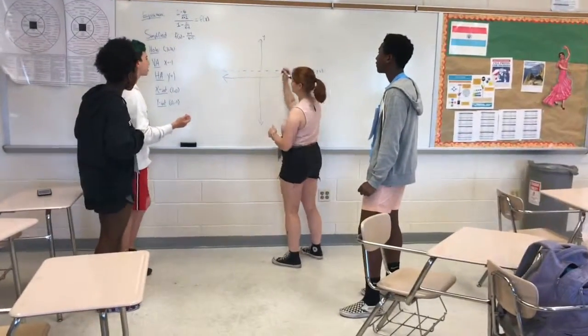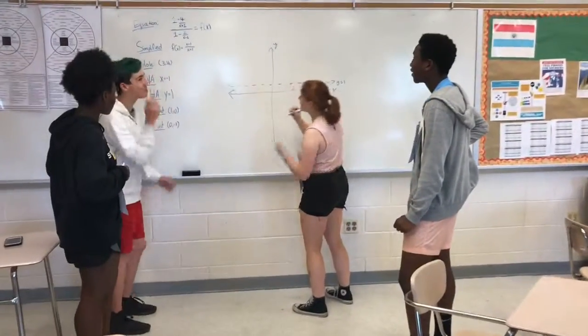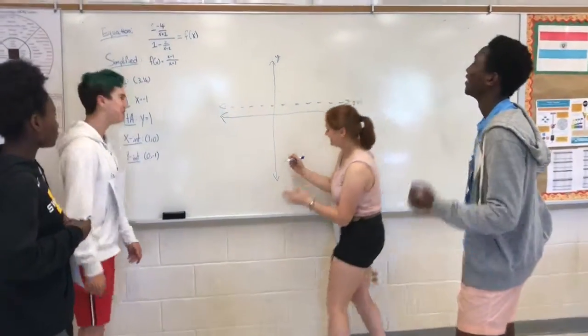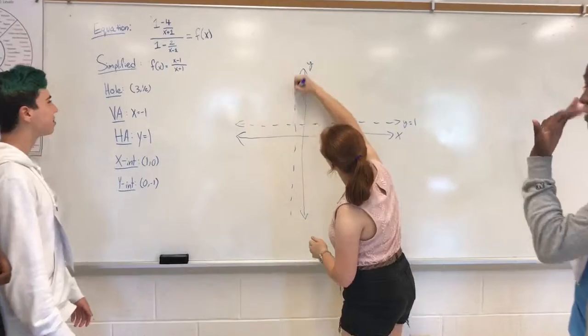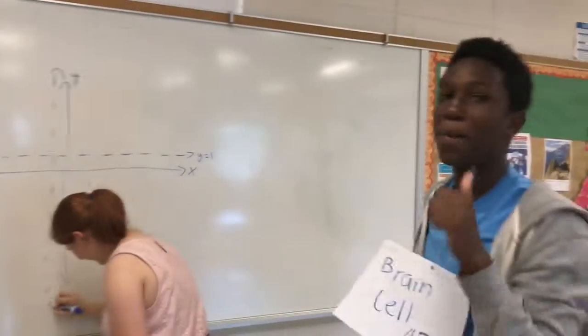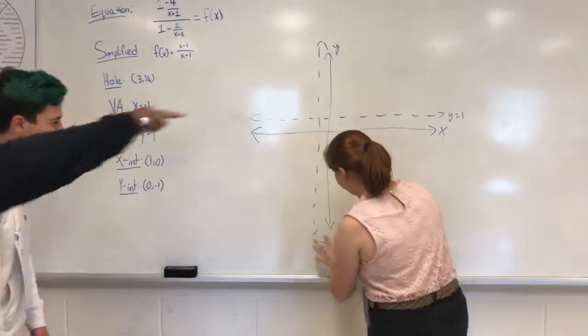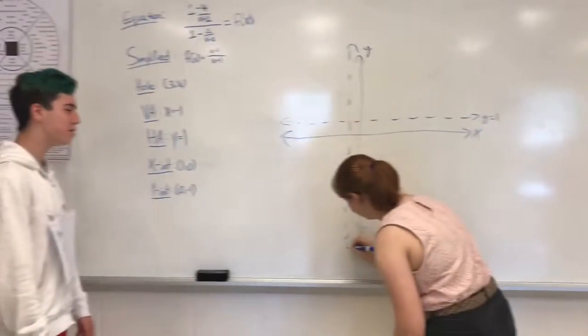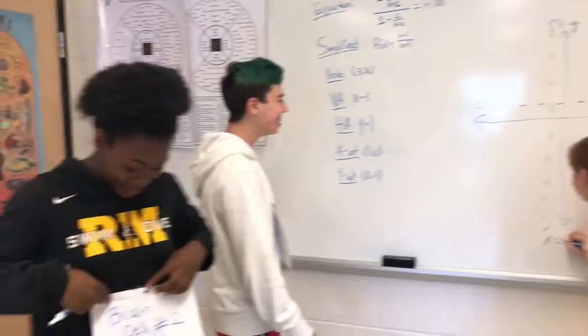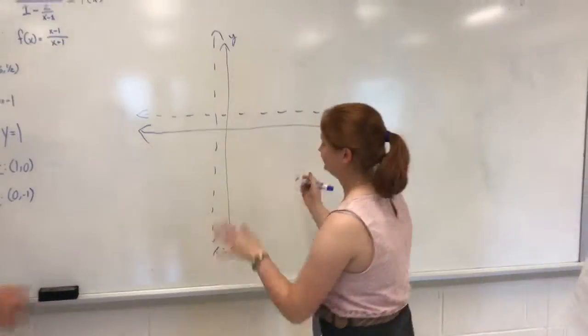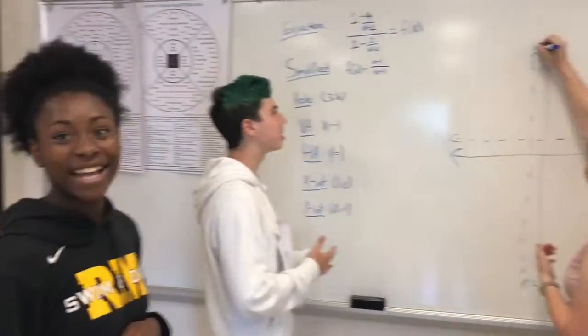And then we are going to graph the vertical asymptote. It's called vertical because it goes up and down, and horizontal because it goes left and right. We're going to graph those first, and then we will focus on graphing the other stuff.